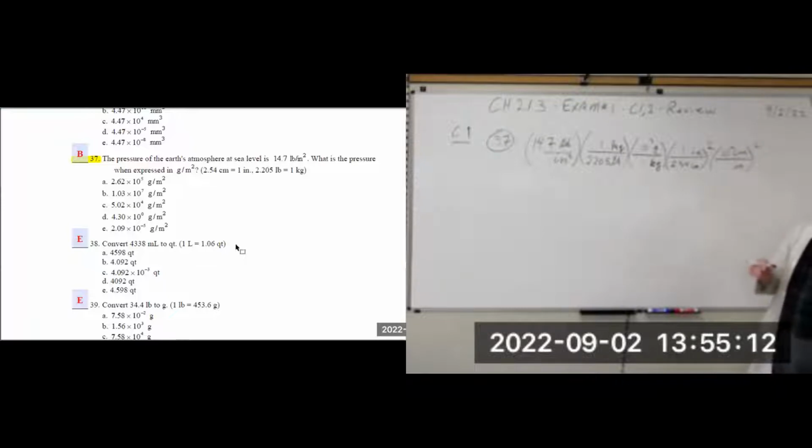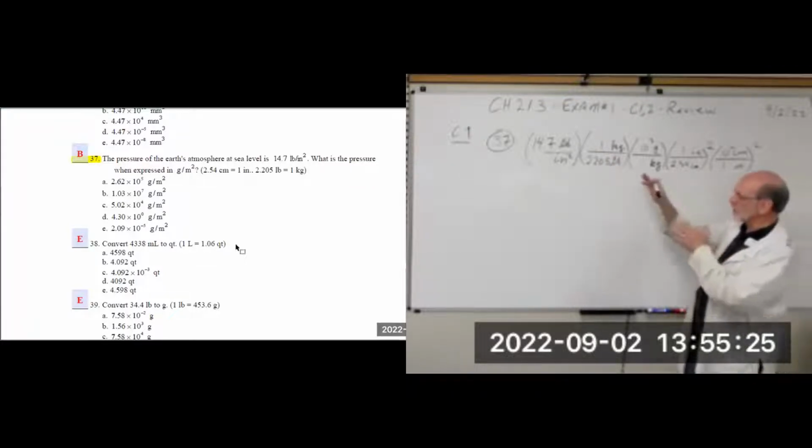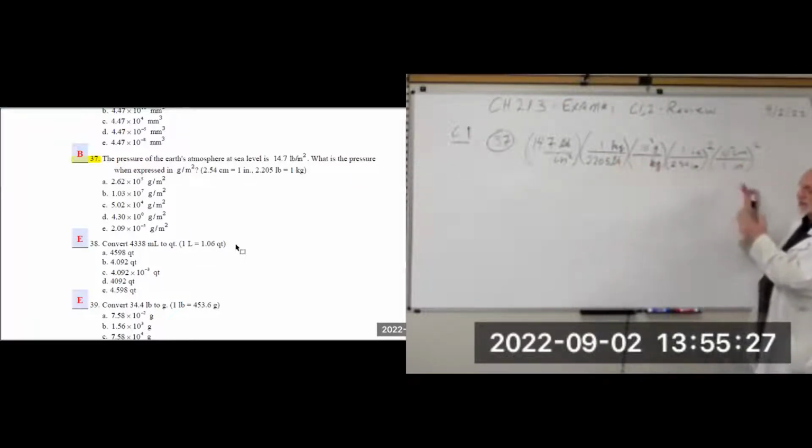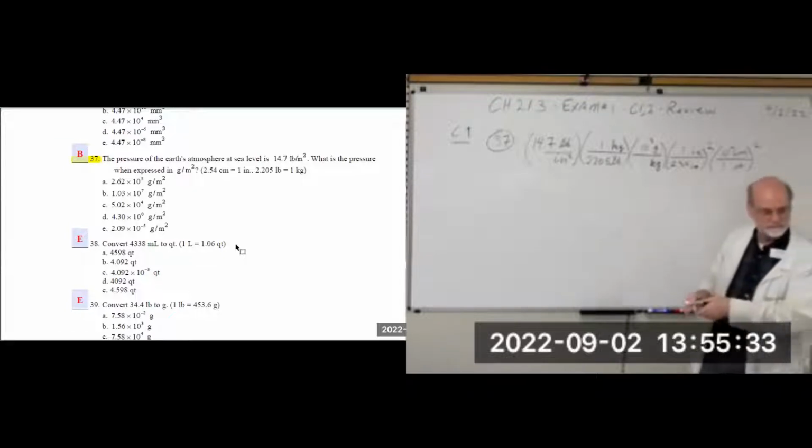Now we've got square meters. Okay? That's the thinking part. The rest is just number crunching. And this is dimensional analysis. If you know that the units are correct through each operation, then the hard part's done. All you need to do now is calculate.